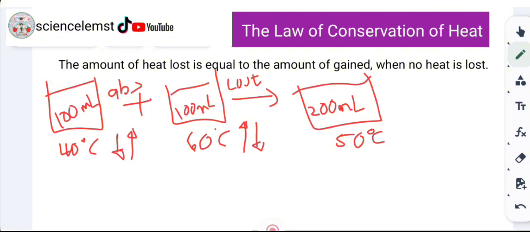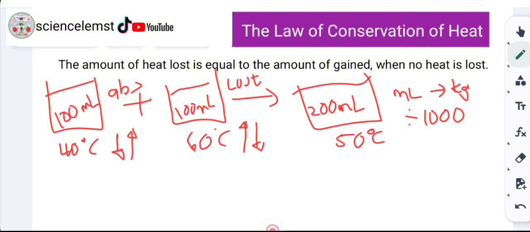So let's calculate and see if these two things are equal to each other. Oh, another thing. We are not given the mass in kilograms. We are given the volume of the water in milliliters. So how then do we convert it to kilograms? Whenever you're given milliliters and you want to go to kilograms, you are always going to divide by 1,000.